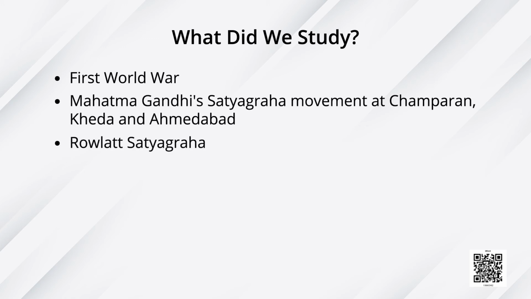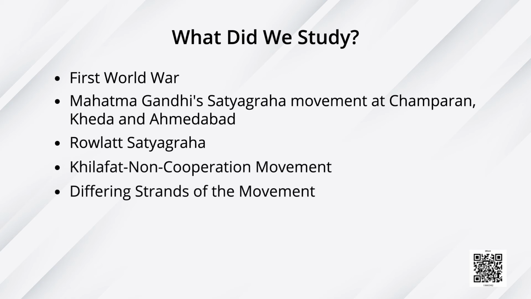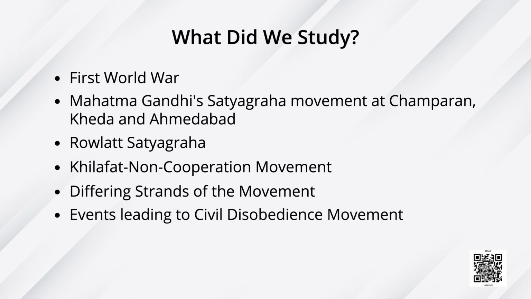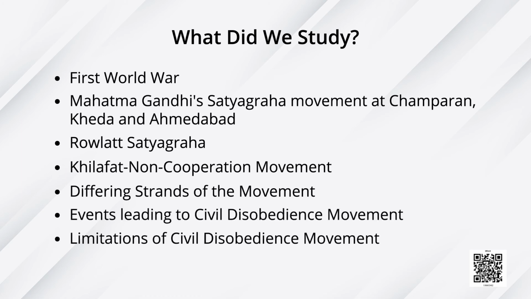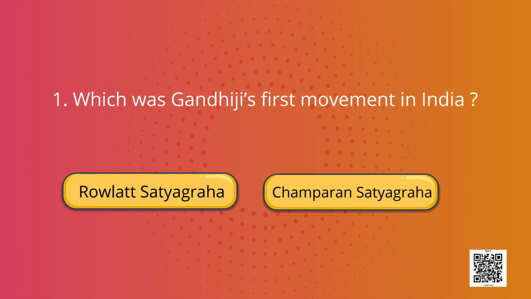Then we talked about Rowlatt Satyagraha, Khilafat non-cooperation movement, differing strands of the movement, events leading to civil disobedience movement, limitations of civil disobedience movement, and in the end we talked about the sense of collective belonging and how it was created among Indians. Children, now it's time to move further and answer a few questions.